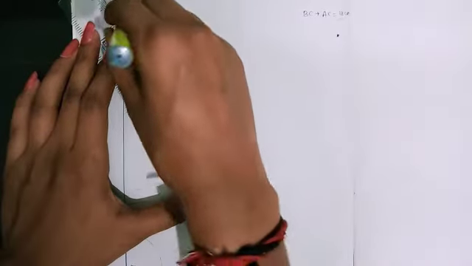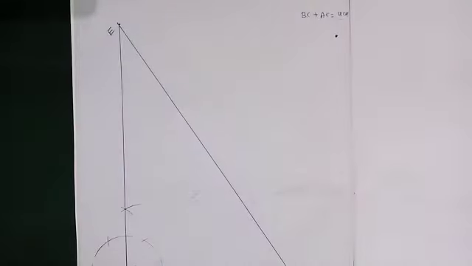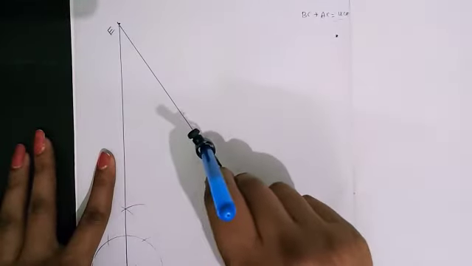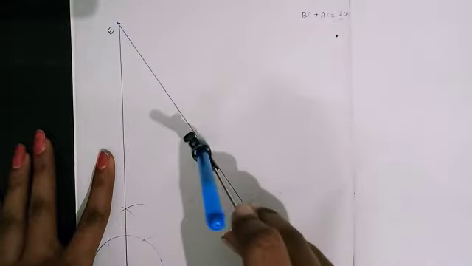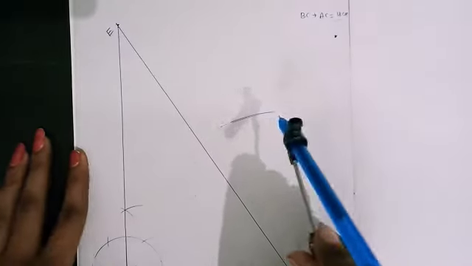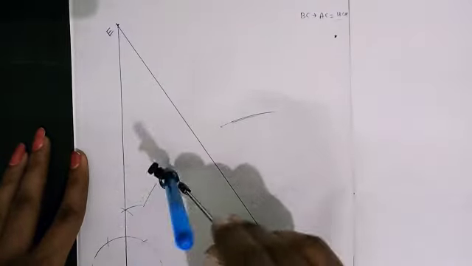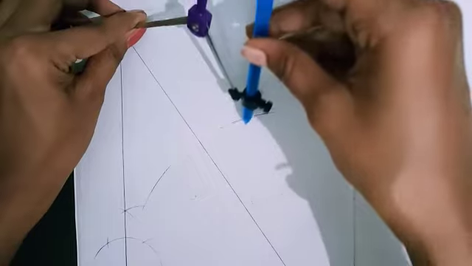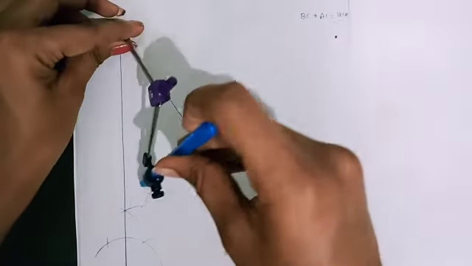Now for this you have to draw the bisector. What is the method to draw the bisector? Take more than half, so it will take the full length, because it is more than half. So from here one point, and another from here, and you have to make one curve here and another curve here.